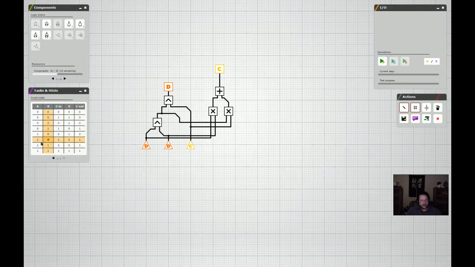Okay, so right here, we got A and B mixed again, Cn high, so that's exactly the same AND gate there. And then this one, we have A and B being 1s, so the output of this XOR is going to be a 0, and then we have this guy being a 0, Cn being a 0.